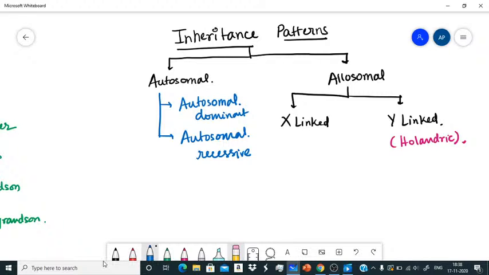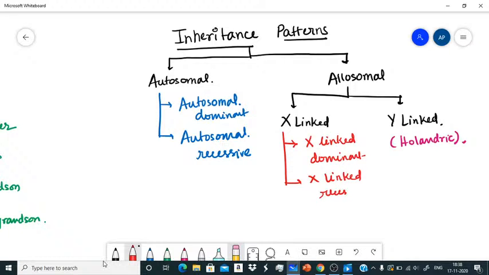Autosomal dominant and autosomal recessive. Similarly, if the disease is on some gene in the X chromosome, it can be X-linked dominant, or it can be X-linked recessive, right?